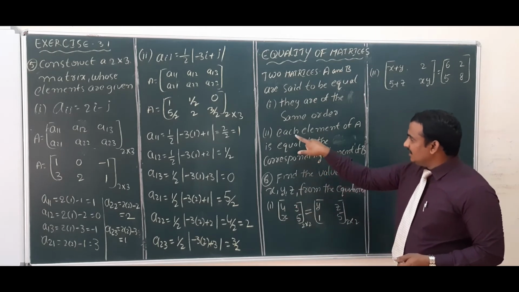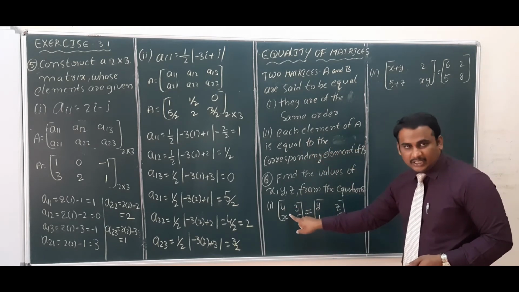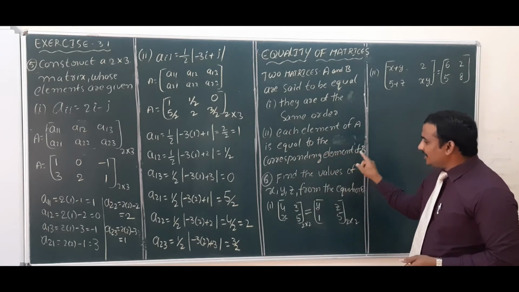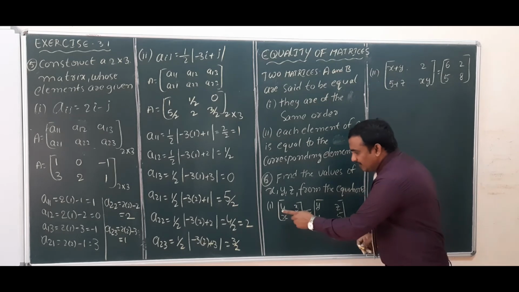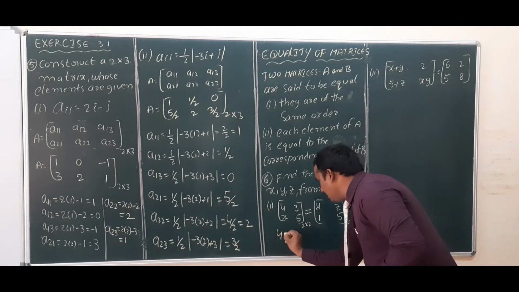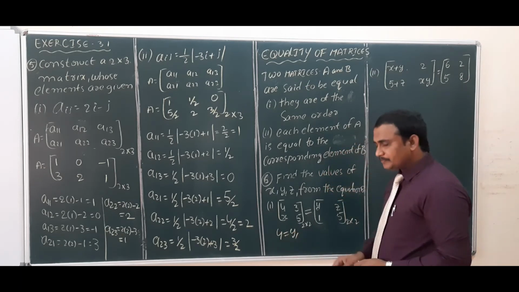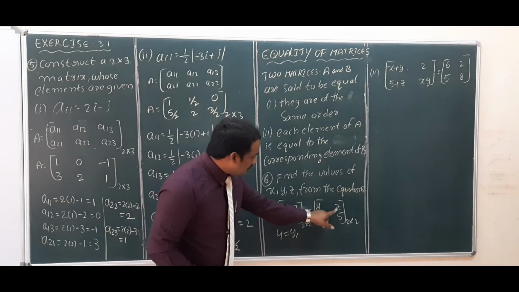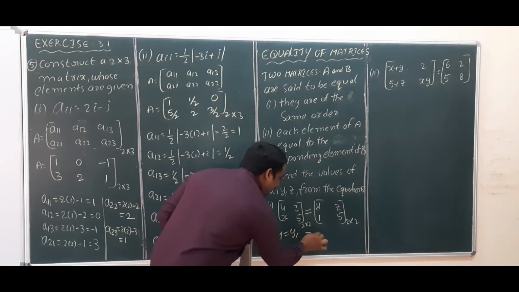Now second condition: each element of A is equal to the corresponding element of B. If you take this as A, here A11 is 4, here A11 is y. Now 4 equal to y is the value. Same thing here, A12 is 3, here A12 is z. 3 equal to z.